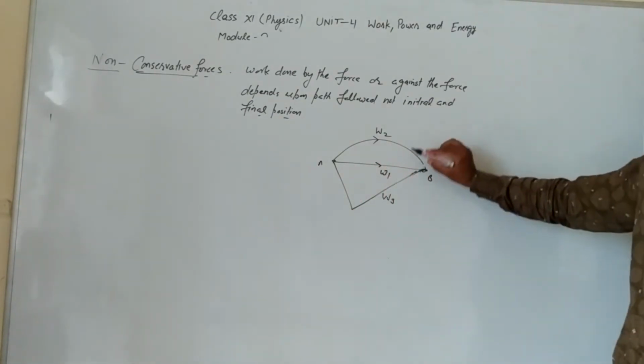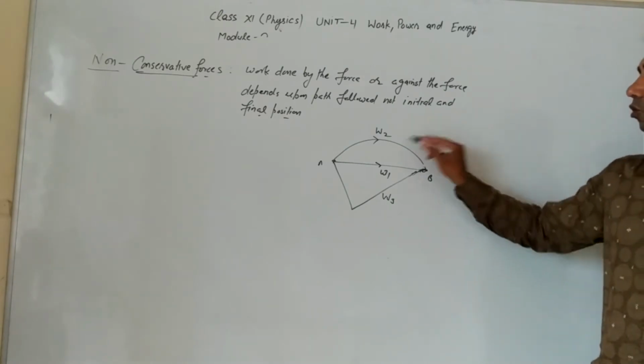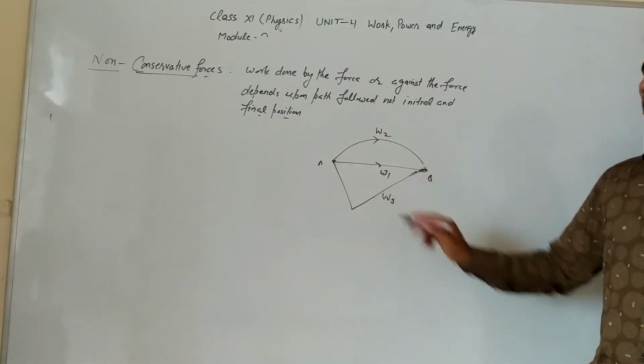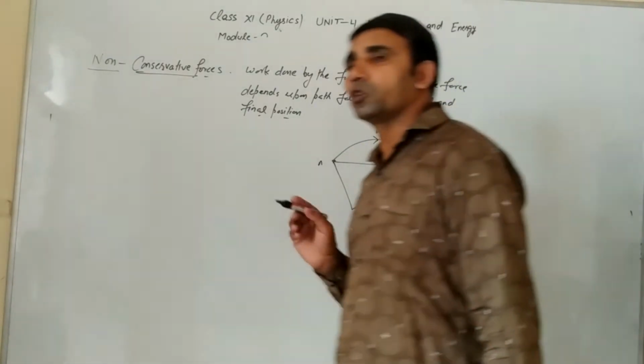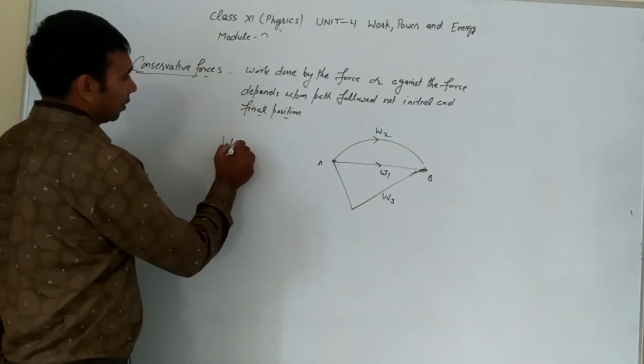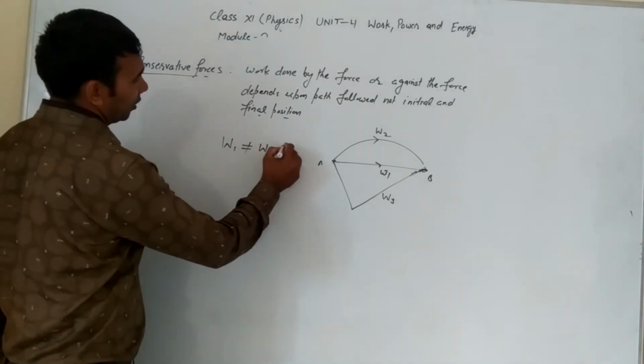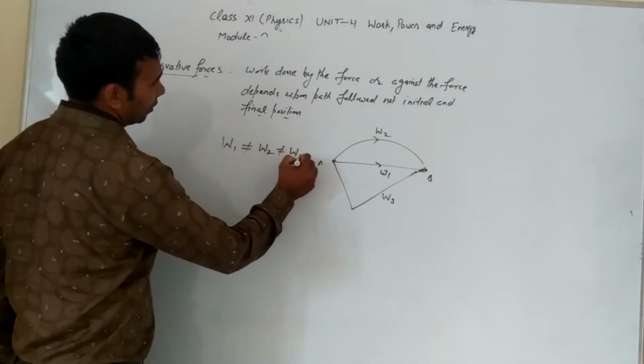The paths are different: W1, the straight path from A to B, is different from W2, which is different from W3. As the forces are non-conservative, W1 is not equal to W2, not equal to W3.